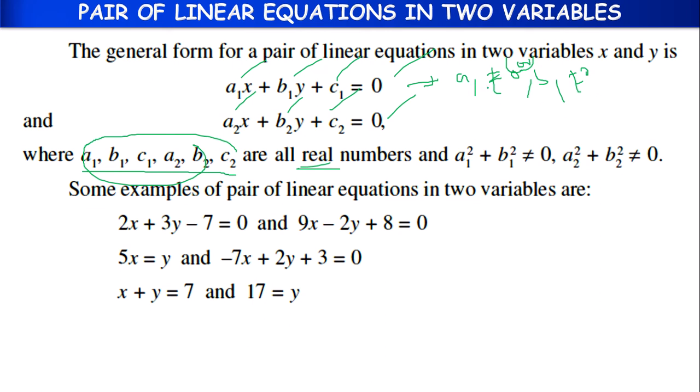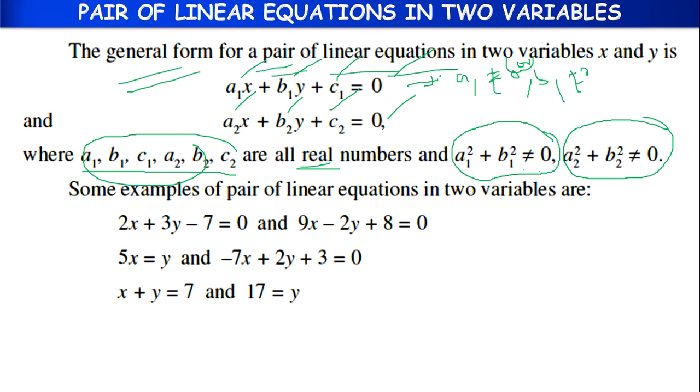We can represent this with the condition a1 square plus b1 square not equal to 0, and a2 square plus b2 square not equal to 0. So these two are the general form of a pair of linear equations.